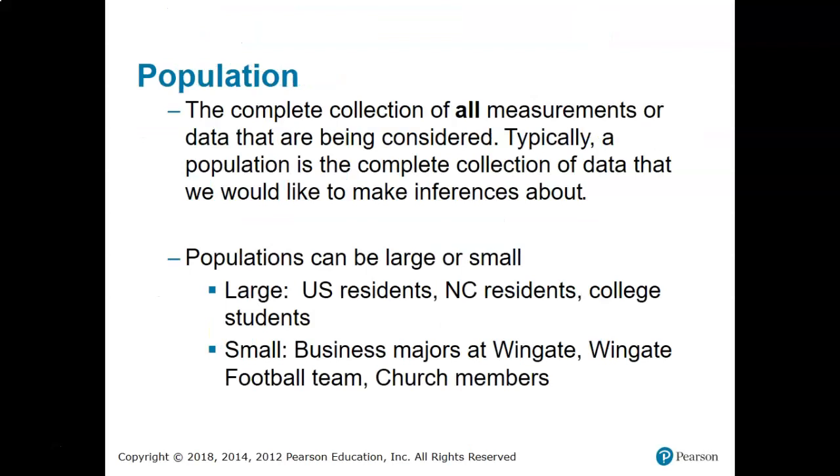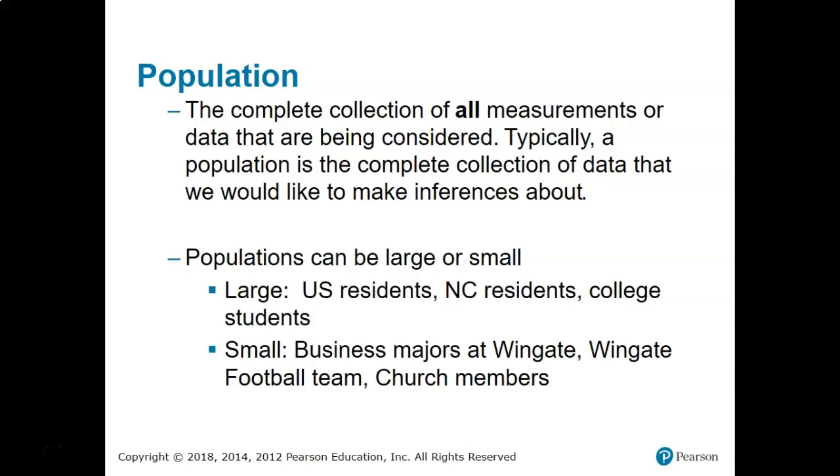Okay, so another definition here is that of a population. A population is the complete collection of all measurements or data that's being considered. Typically a population is the complete collection of data that we'd like to make inferences about. Okay, so generally we're going to work in this class with samples, which are smaller than the population in most cases.